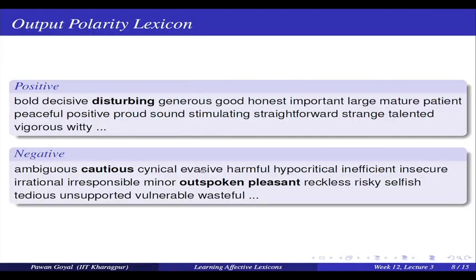And there will be some erroneous cases, like disturbing coming as a positive example, and cautious, outspoken, pleasant coming as negative examples. A few cases might be there, but overall this gets a good precision. And if you have a very good corpus and good seed set, you might also get a very good recall by this method. So that is one simple method that you can apply to bootstrap your sentiment lexicon.